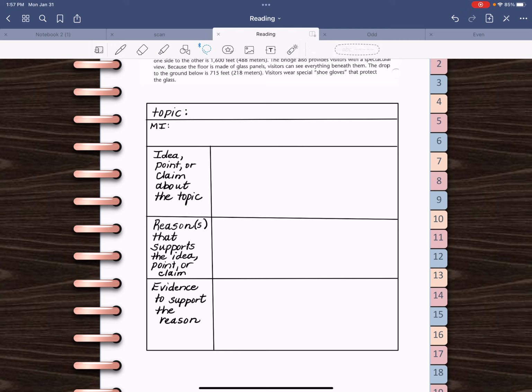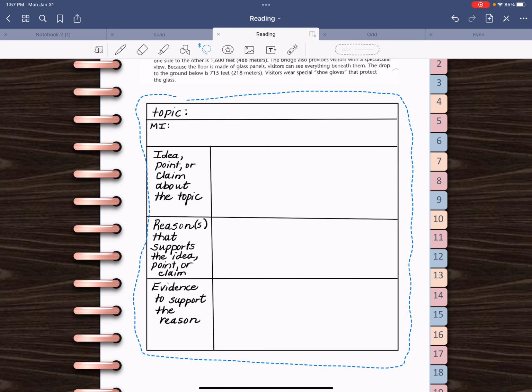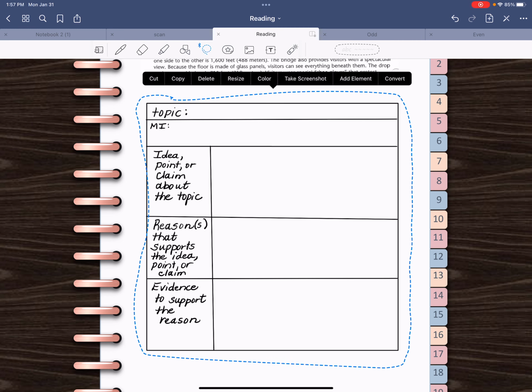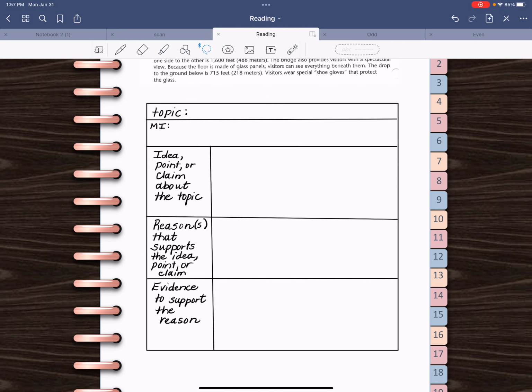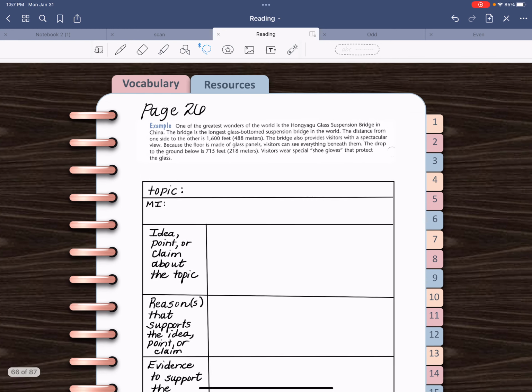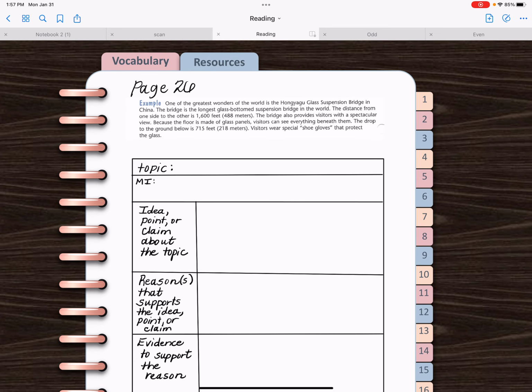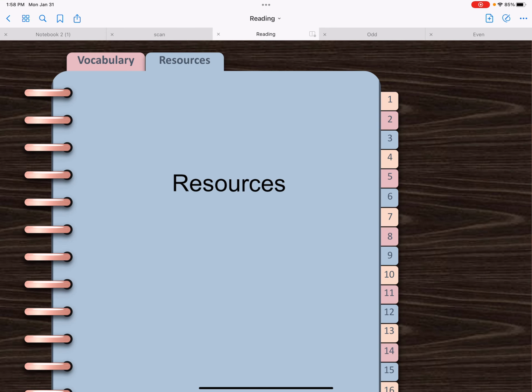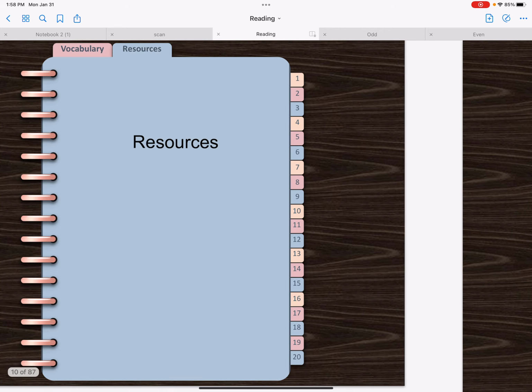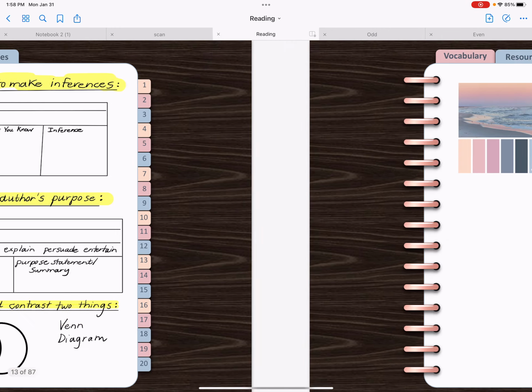And I'm going to go ahead and take a picture of this just so I don't have to keep drawing it. And actually, I think I'm just going to go ahead and take it to my resources section. So you can do this too. This is where we drop all of those maps that we're using.